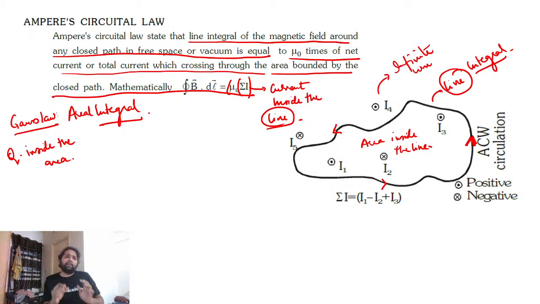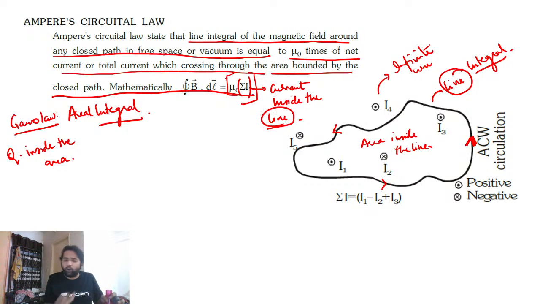In Gaussian surfaces, you have total charge inside the volume of the surface. Whatever charge is there inside the volume of the surface, that gives you the total field, right? Similarly here, whatever line charges are there inside the area of the line, the sum of all of them will be mu naught into the summation of current. Now for line, this is the Ampere circuit law.